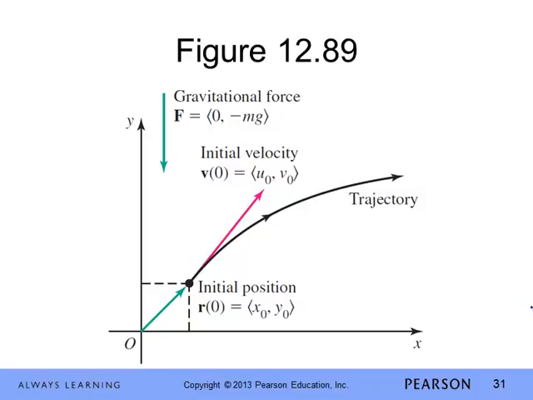Now, we set t equal to 0. C3, comma C4, and r of 0 will be at x sub 0, comma y sub 0.